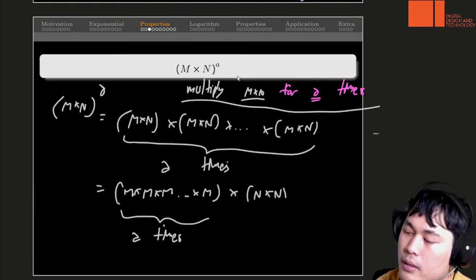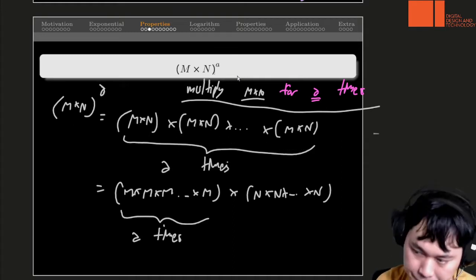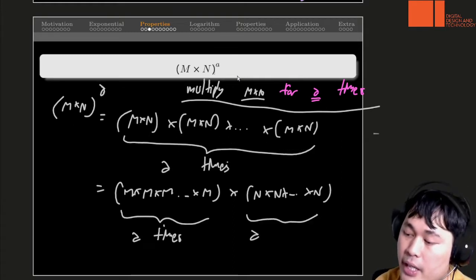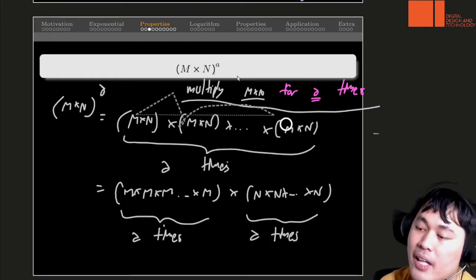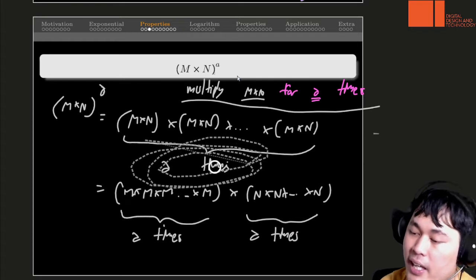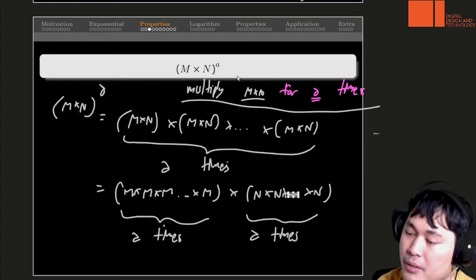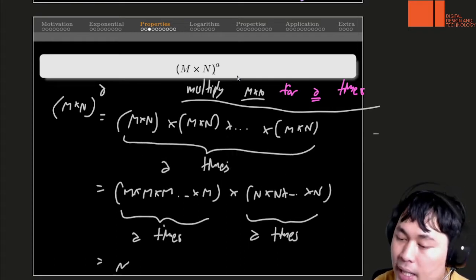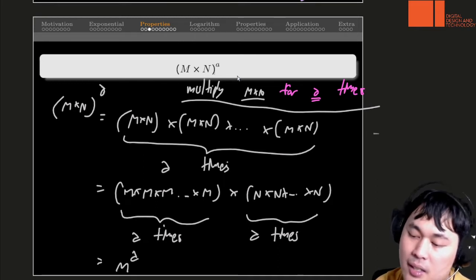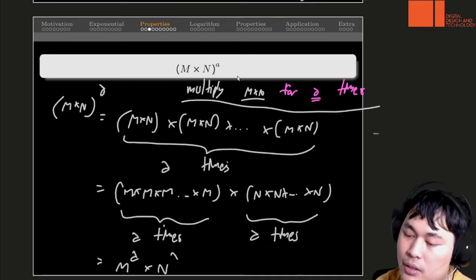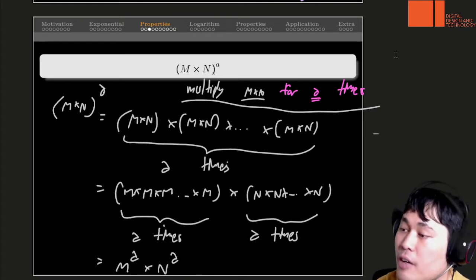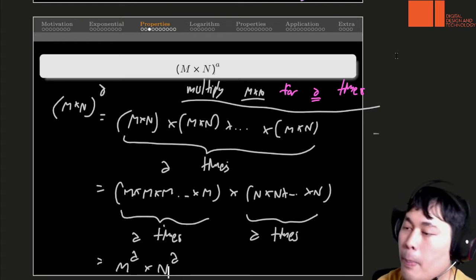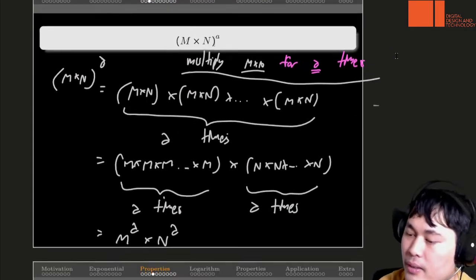And then we have n, and that n also appears a times, because each copy has a single n, and there are a copies, so there are a copies of n as well. Eventually we can see that this is m to the a, this is n to the a. So that is our second property of the exponential function. It's still simple enough.